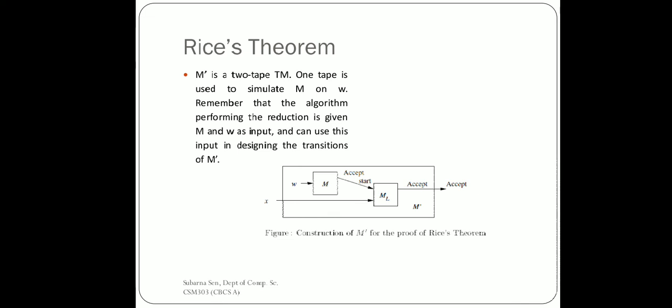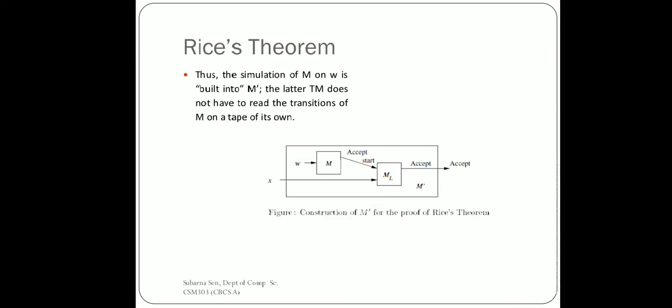So we know that this M comma W format, if we are given it on any tape, we can reduce it using the binary string format. We can design the transitions of M dashed following that coding pattern of Turing machine which we have learned so far. Thus the simulation of M on W is built into M dashed.